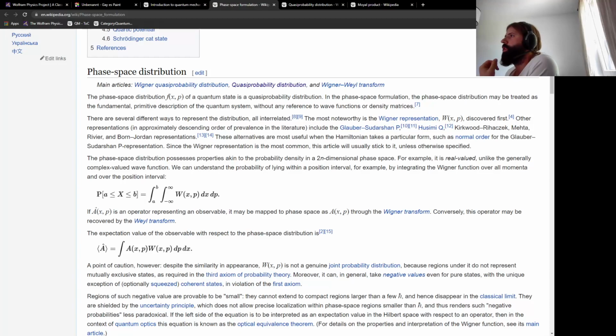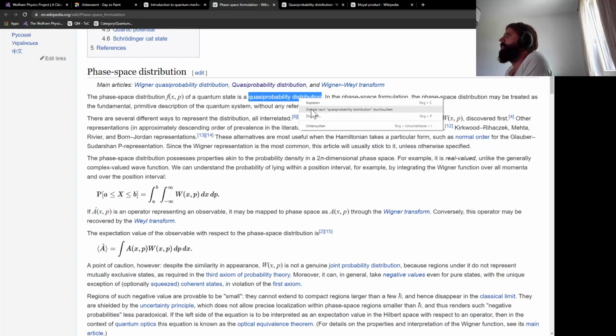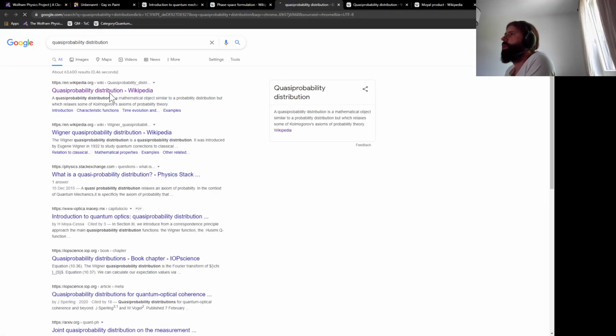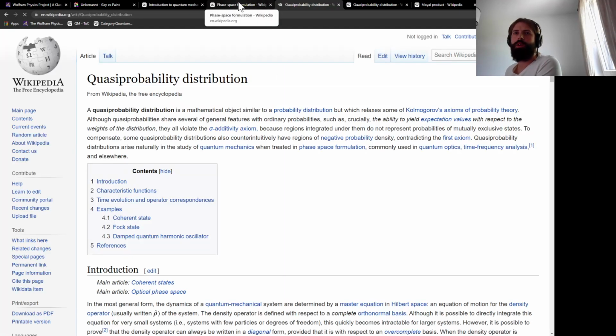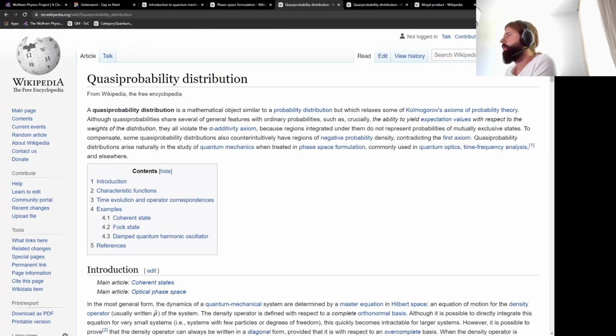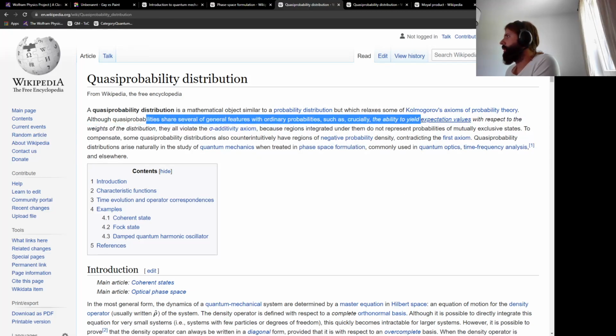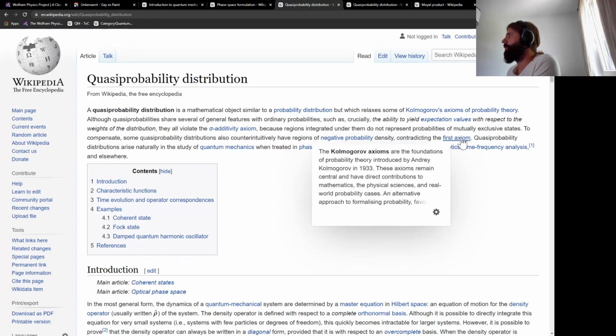The phase space distribution of a quantum state is a quasi-probability distribution. What is a quasi-probability distribution? Why isn't it linked? They yield expectation values with respect to the distribution, but they all violate the additivity axiom because regions integrated under them do not represent probabilities of mutually exclusive states.